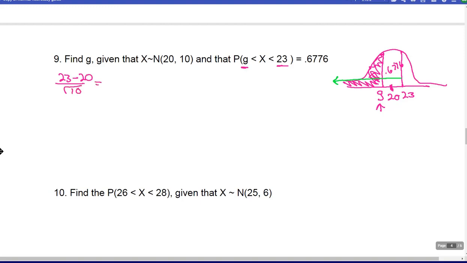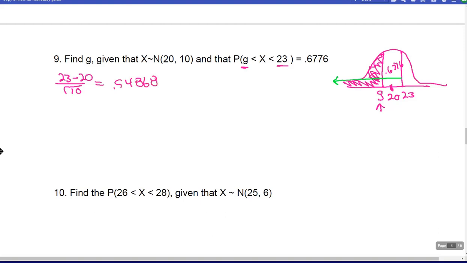What's that z-score? 3 divided by square root of 10 is 0.94868.